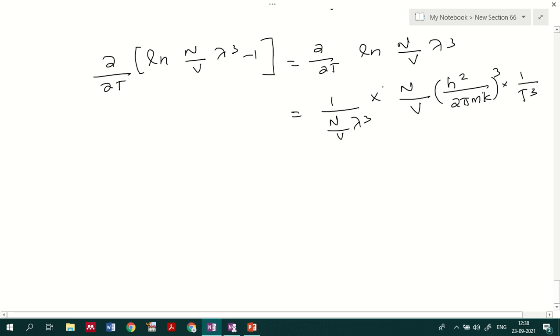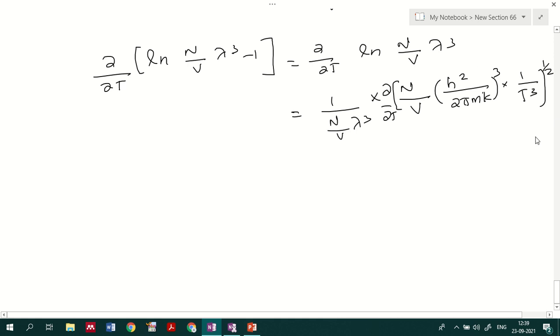So whenever you take a dou by dou T here, it's actually dou by dou T of N by V (h square by 2 pi mkT) to the 3 by 2 will be there, or T raised to 3 by 2, and there is one more 3 by 2 there.